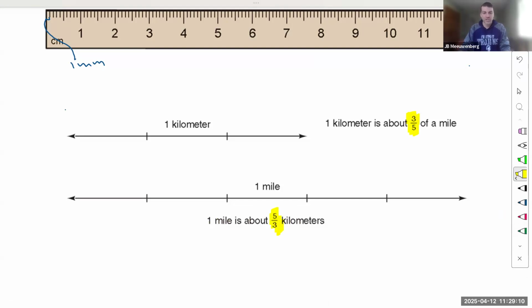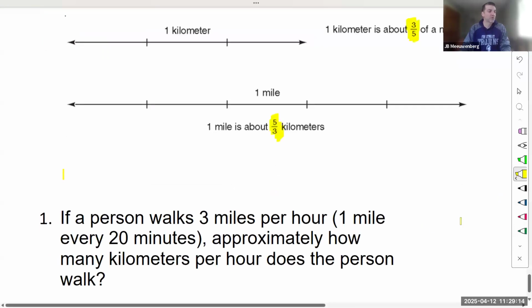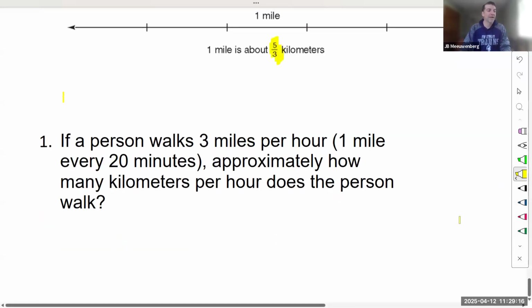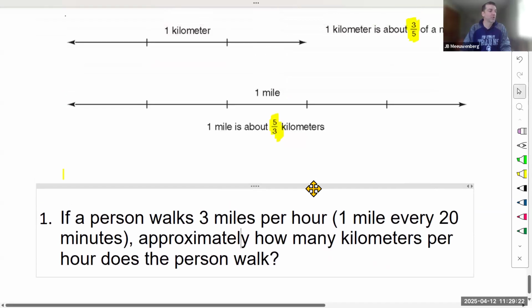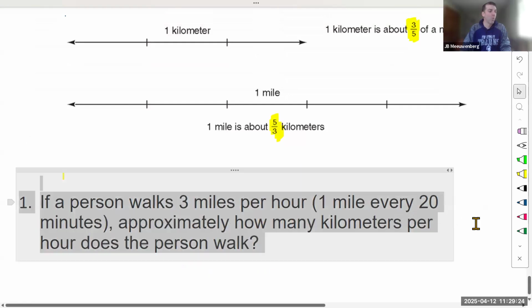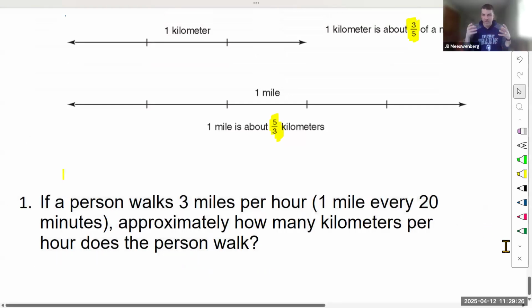And so a question for you to think about is this: if a person walks 3 miles per hour, 1 mile every 20 minutes, approximately how many kilometers per hour does the person walk? Take a moment and see if you can just process that and do that conversion.